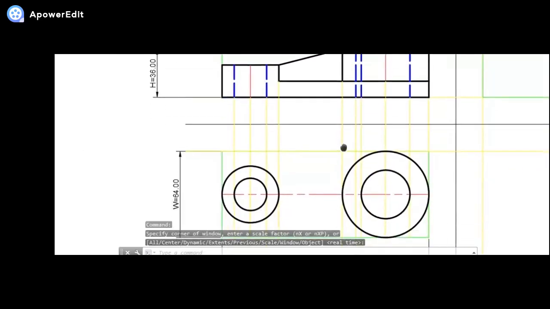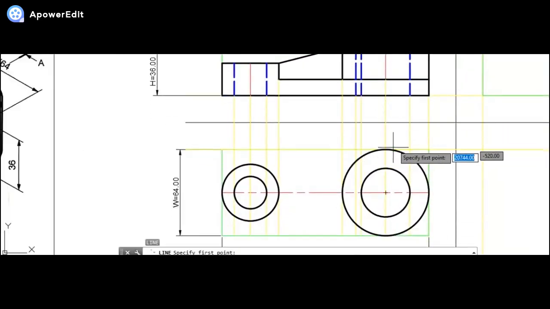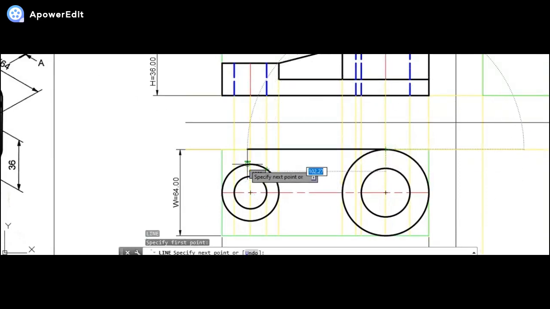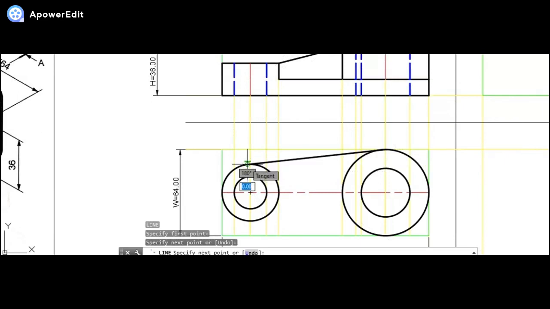Okay, simply to plot the tangent point, it's quite easier and interesting. From here, see the tangent point is snapped like this.